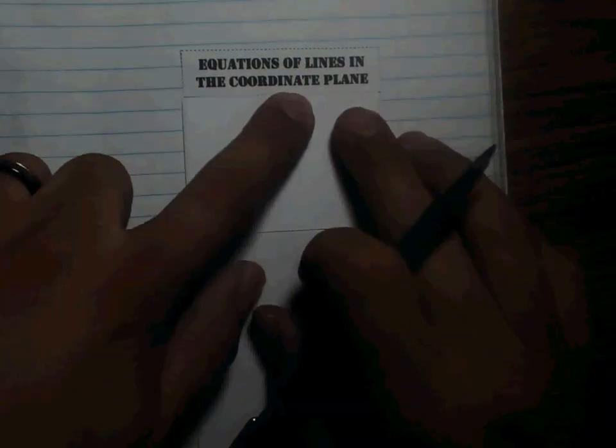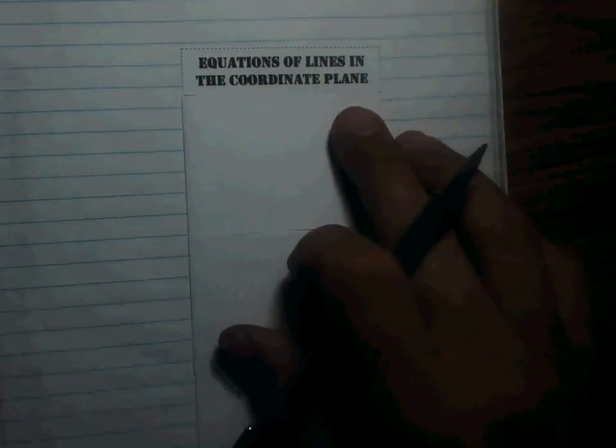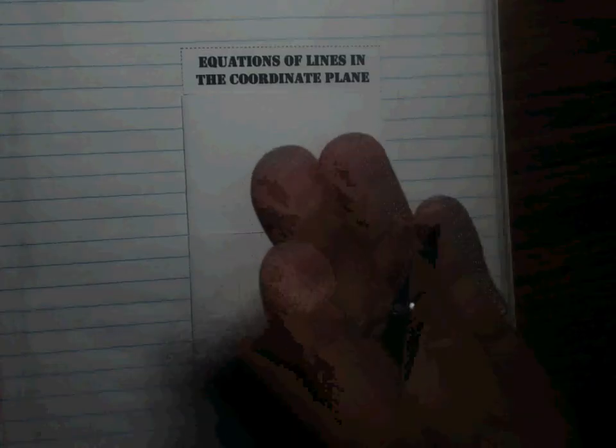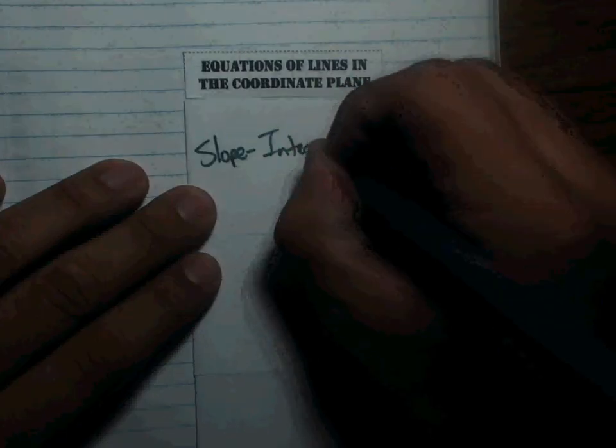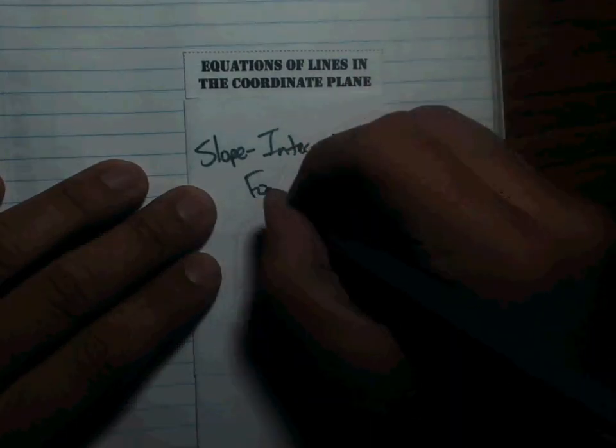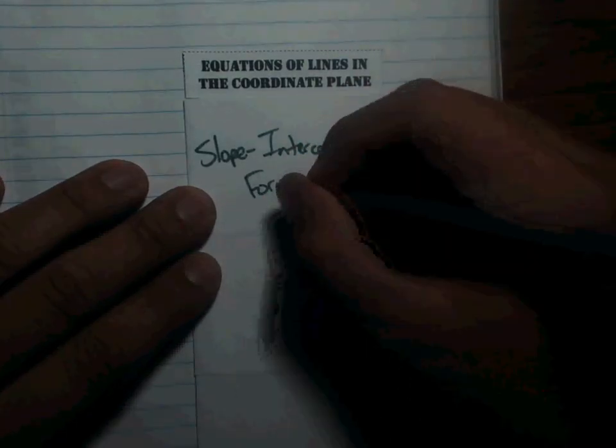When we're talking about stuff in the coordinate plane, we're talking about stuff like y is equal to mx plus b, slope intercept form. So we are going to have slope intercept form. It's the first one we talk about, and this is the one that you recognize all the time.